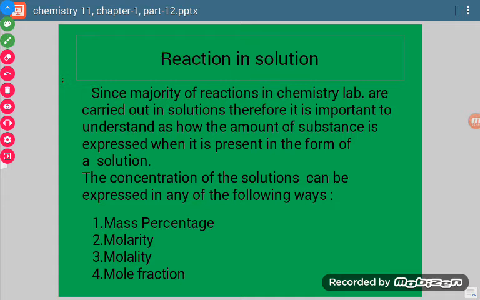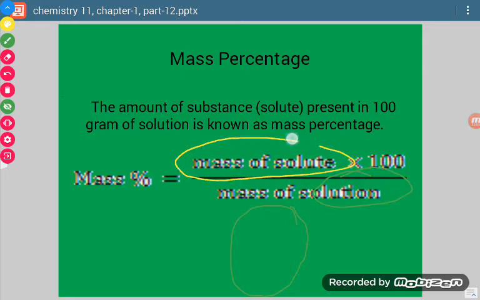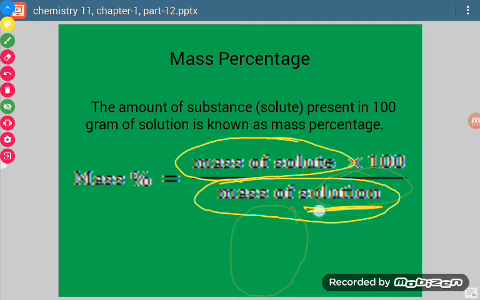Okay. So how do we calculate the mass percentage? What we have to do is take the mass of solute and then the mass of solution. Mass of solution will be equal to mass of solute plus mass of solvent.